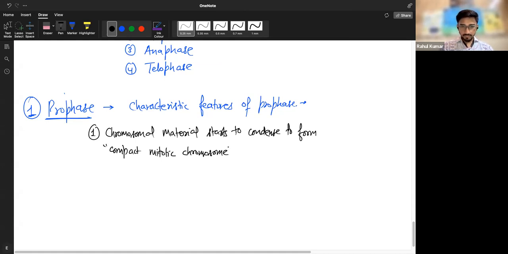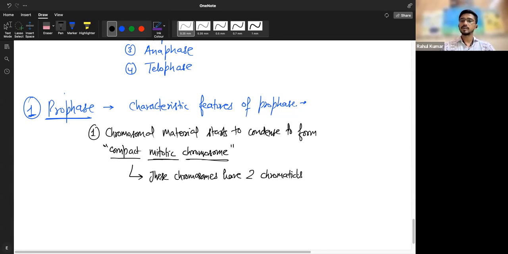And what is a compact mitotic chromosome? This is exactly what I was drawing and telling you. So compact mitotic chromosome, write down. These chromosomes have 2 chromatids. You can understand why, right? Because it's replicated. These chromosomes have 2 chromatids.